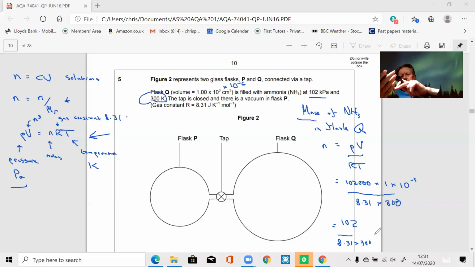So we'll do 102 divided by 8.31, which is that, and then we divide it by 300 as well. I get 0.0409. That is the moles of ammonia.